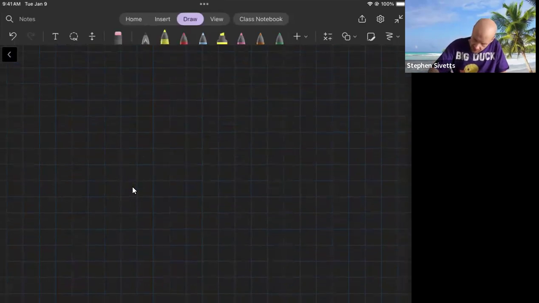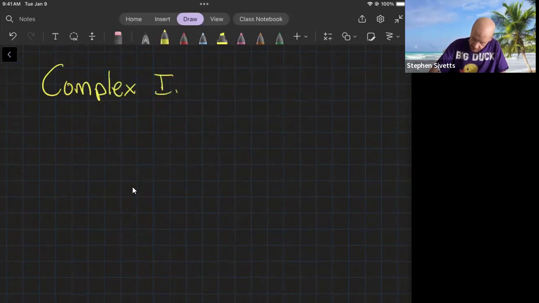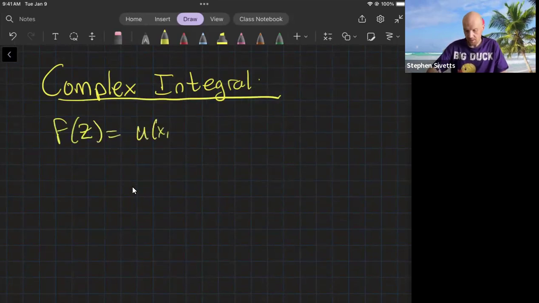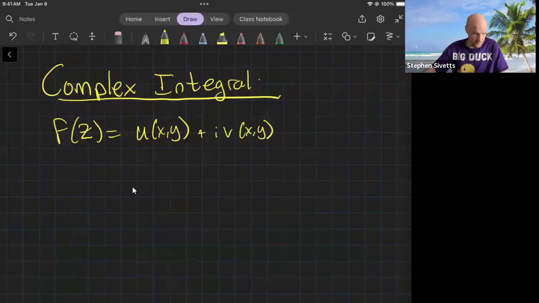And so let's get right into what a complex integral is. We can define a complex function in terms of the real component, which is a function u of x and y, plus I times an imaginary function v.